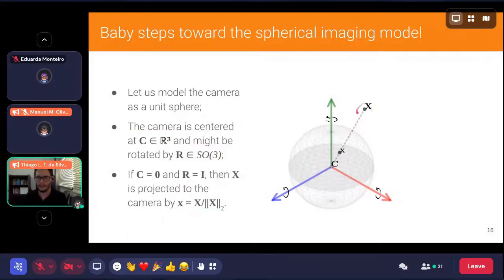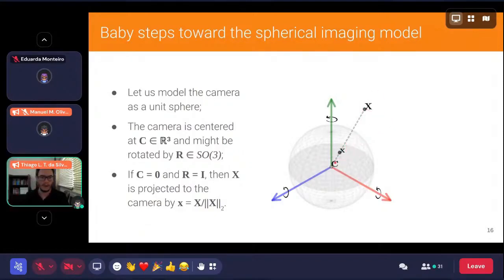Basically, this 3D world point is projected as an image point on the surface of the sphere, and it has a unit norm. Basically we divide this vector by its norm.